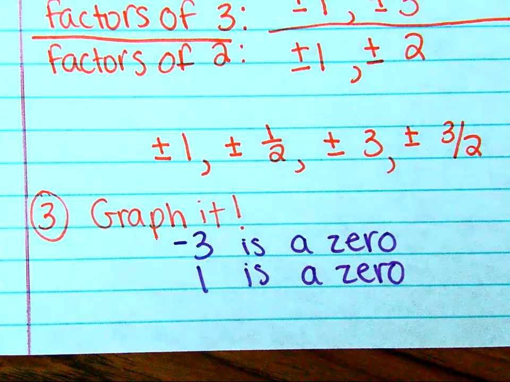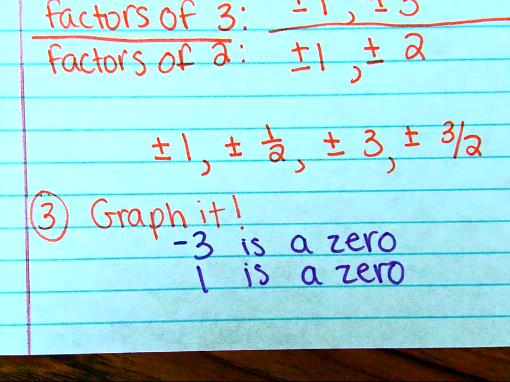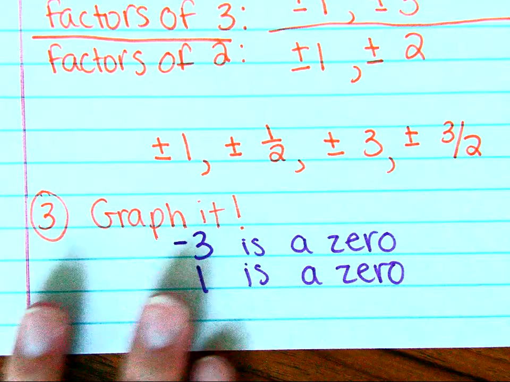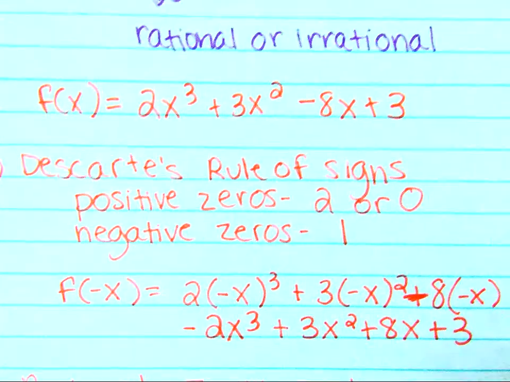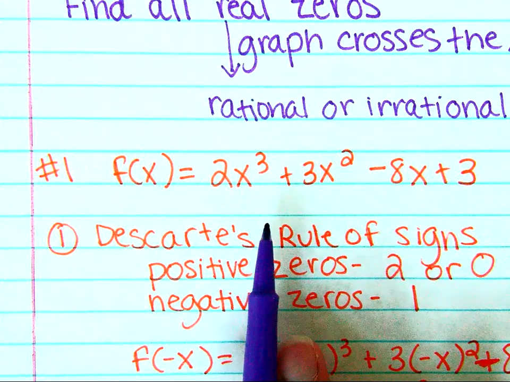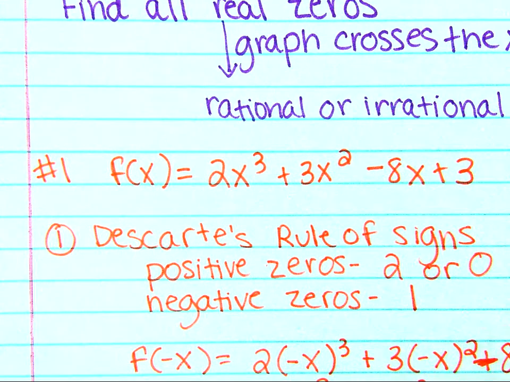Okay, now that I know that, we're going to use synthetic division because you do not, unfortunately, know how to factor this function, and that's what I'm trying to figure out, all of the factors or solutions of that function. So after graph it, we're to our fourth step here.